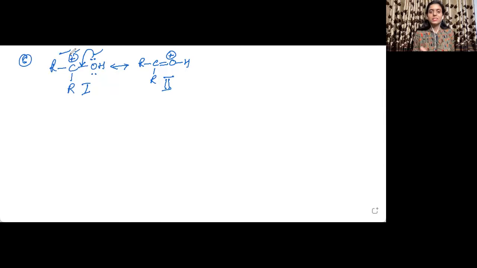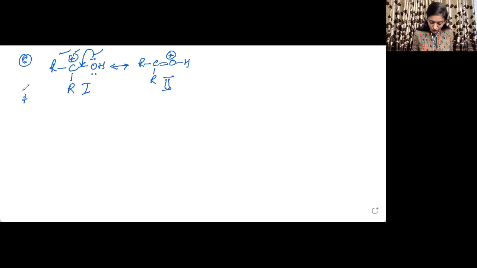Similarly, if positive charge is delocalized by some atom which is carrying a lone pair of electrons, it disperses the positive charge, and the structure becomes stable. So this is for positive charge. For the negative charge, we have already discussed that it should be on a more electronegative atom, right?